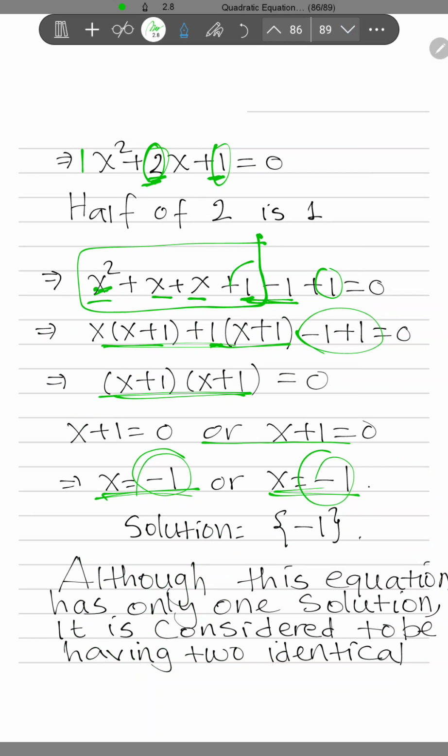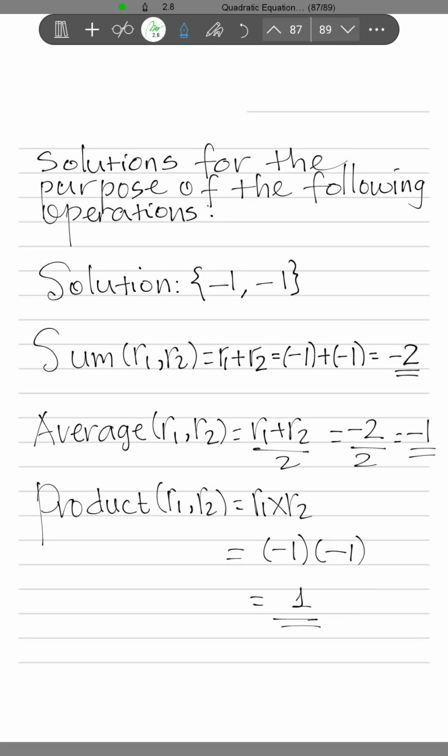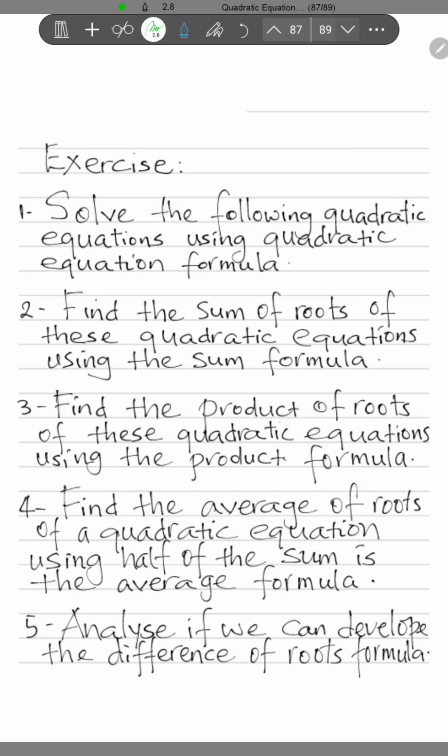Although this equation has only one solution, it is considered to have two identical solutions for the purpose of the sum and product of the roots. So it's explained already. Let's go for the next one.